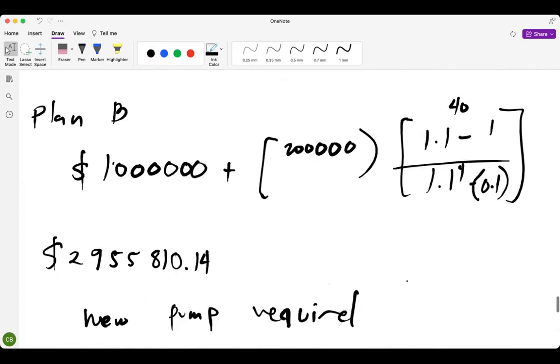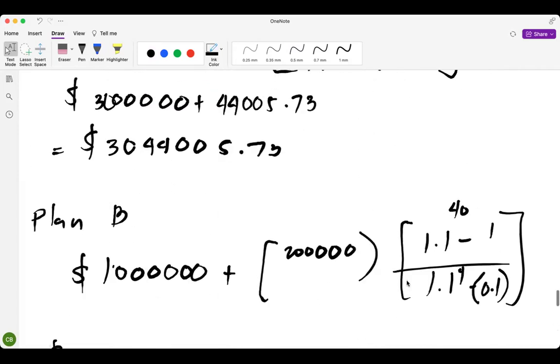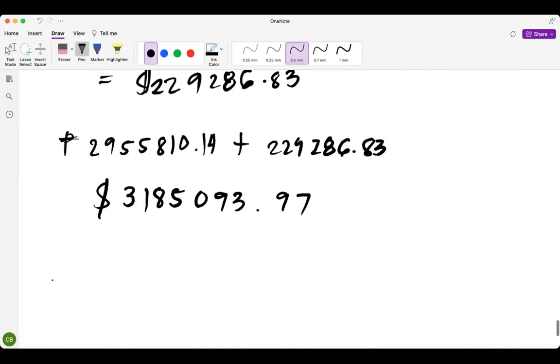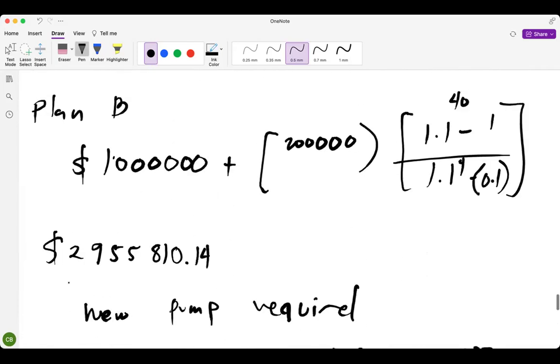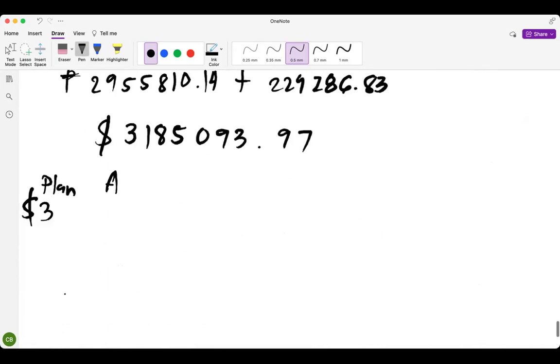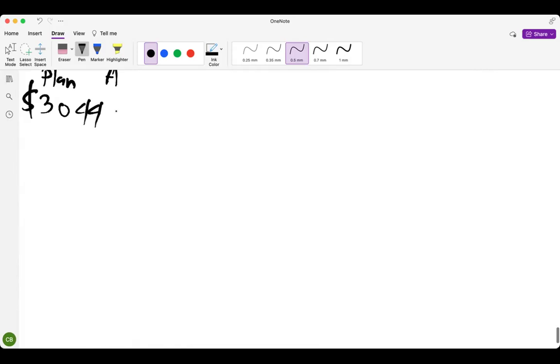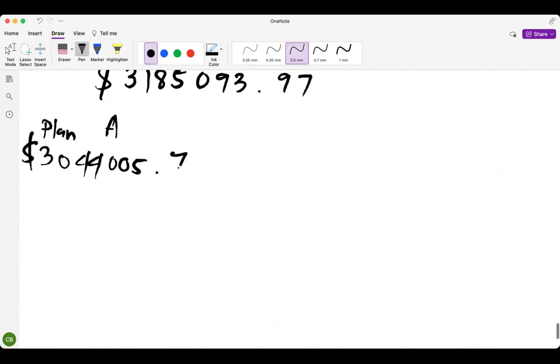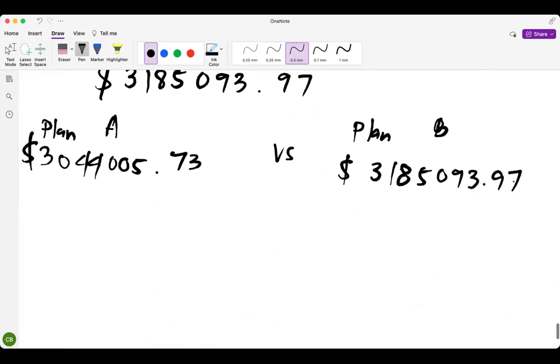So we will be comparing. Plan A has $3,044,005.73 versus plan B, $3,185,093.97.